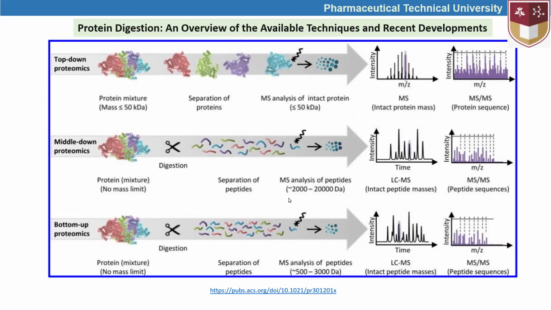And the point is, when we use top-down proteomics without enzymes, the mass spectrometer has to have the ability to see molecular masses lower than 50 kilodalton, but higher than 20 kilodalton, for example.